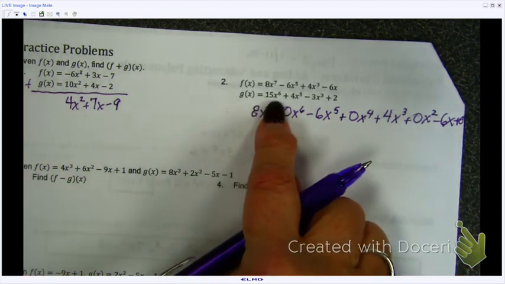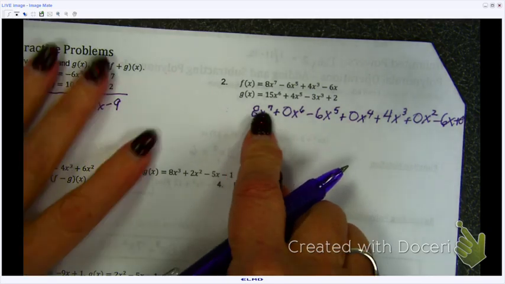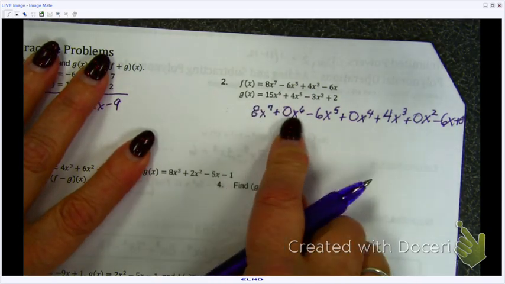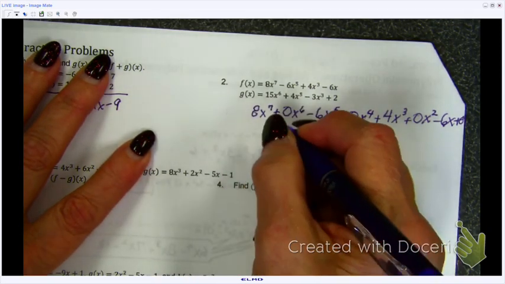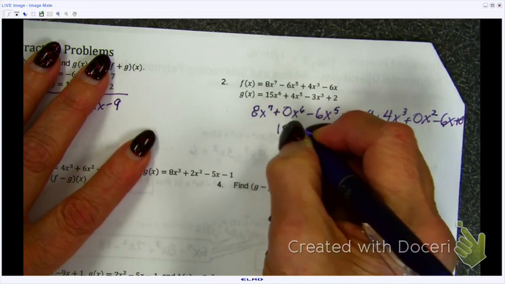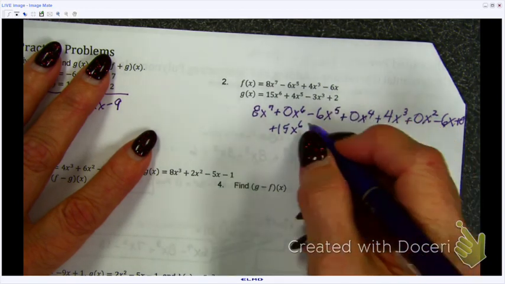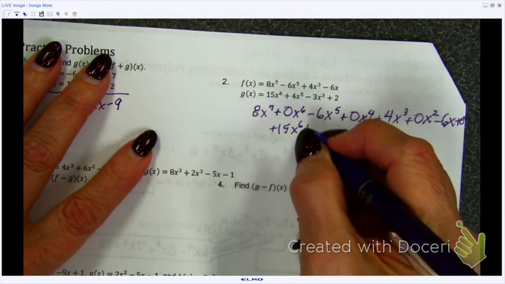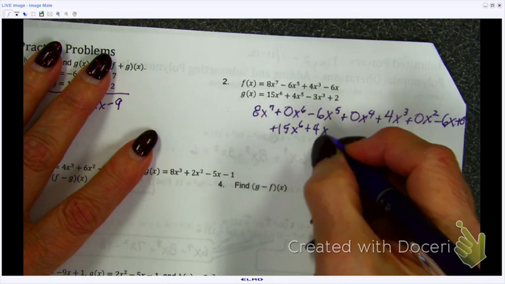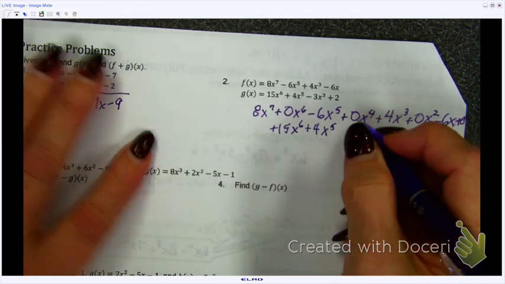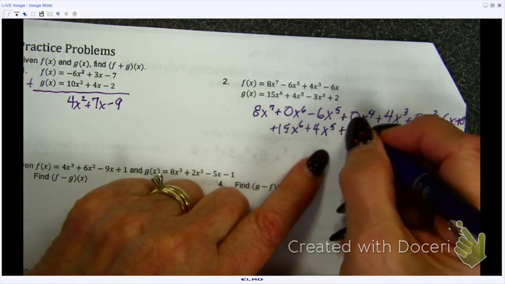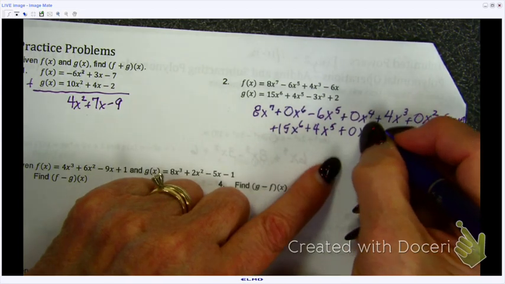So for this one, you can write 0x to the 7th if you want to, but we don't have one. But we have a 15x to the 6th, which is going to be positive. We have a plus 4x to the 5th. We don't have an x to the 4th, so you could have skipped those two.